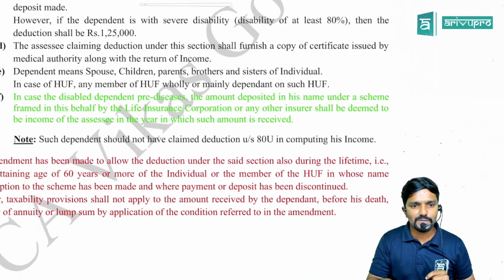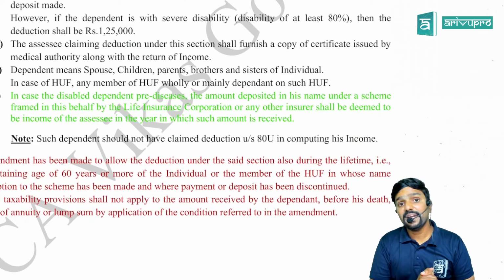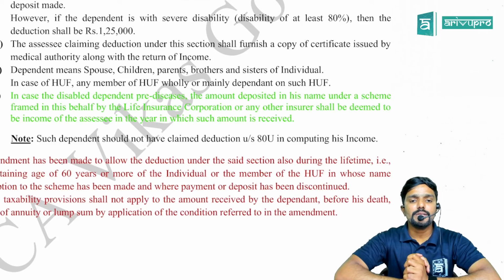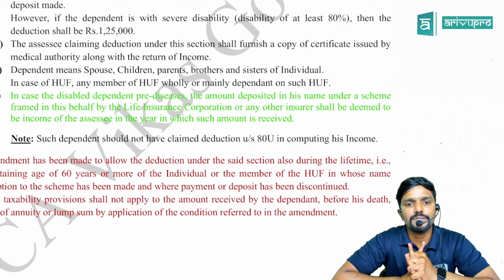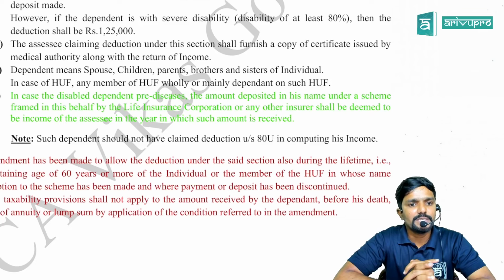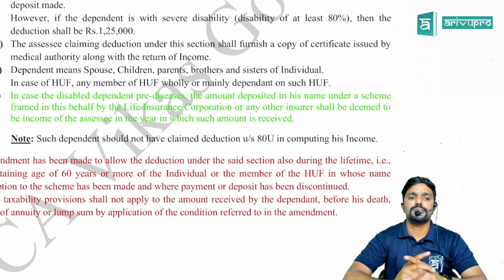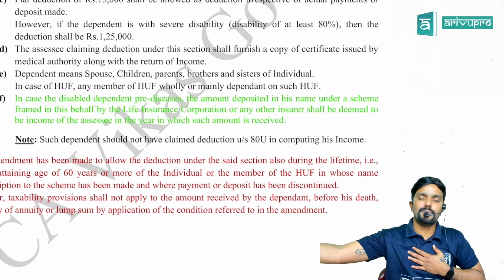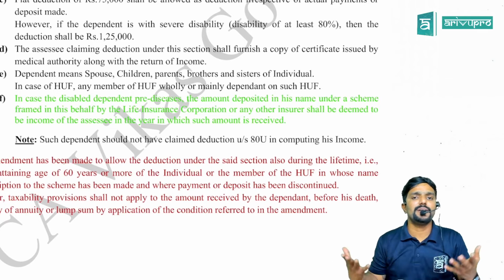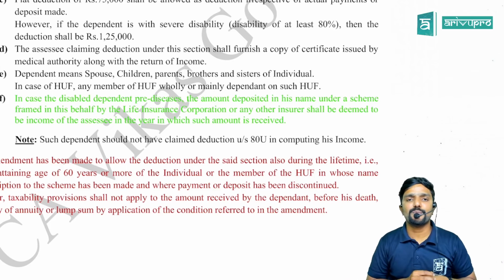And F point was telling, point F, in case a disabled dependent predeceases, means dies, the amount deposited in his name under a scheme framed in his behalf by the Life Insurance Corporation or any other insurer shall be deemed to be the income of the assessee in the year in which such amount is received. So what this point was telling is, assume I am taking care of my dependent brother who is completely dependent on me but disabled. So I am taking care of medical expenditure, I have taken a life insurance policy in his name, premium I am paying.